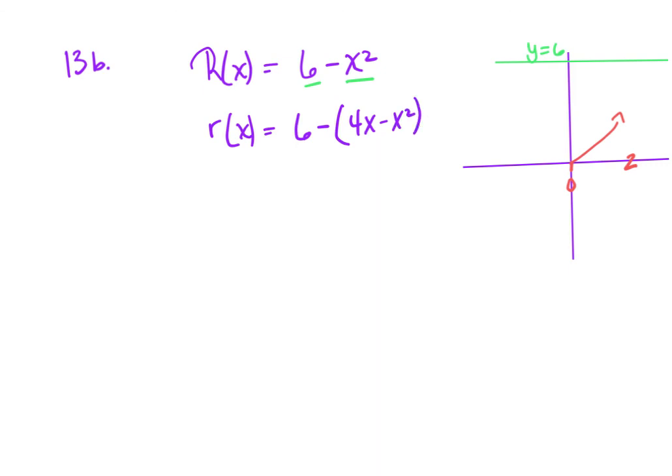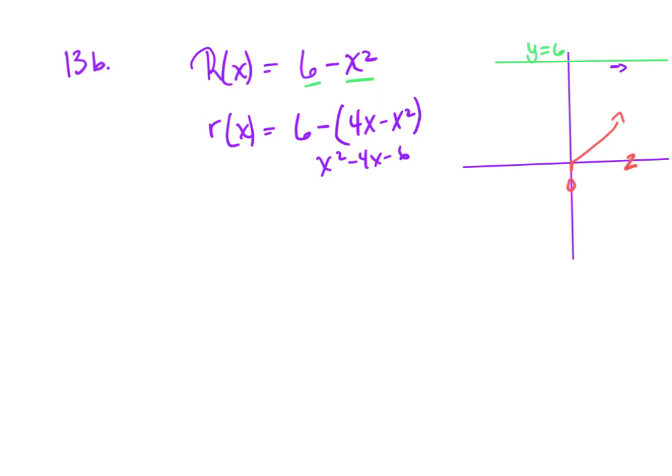And you can simplify that by distributing the negative. You end up with x squared minus 4x plus 6 when you simplify that, because that one is actually going to be closer to the line that we are revolving around. So that's going to be our inner.